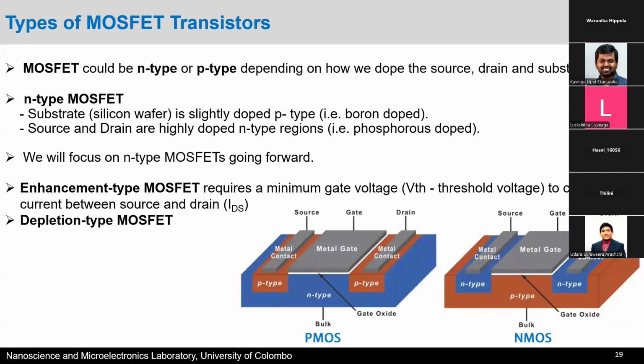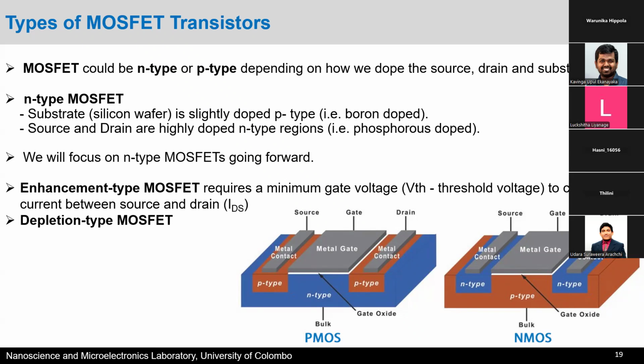So there are different types of MOSFETs as well. There could be N-type MOSFETs or P-type MOSFETs, depending on how you dope these wells, and also the doping of the substrate. For the N-type MOSFET, we always dope the source and the drain N-type, and the substrate is P-type. So from now on, we will only focus on N-type MOSFETs going forward, right?